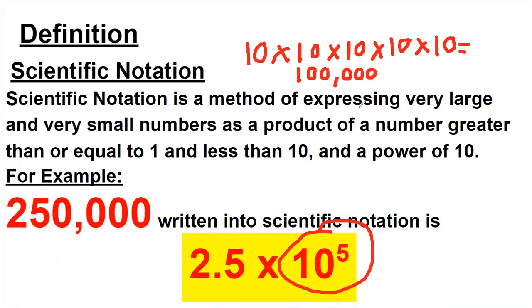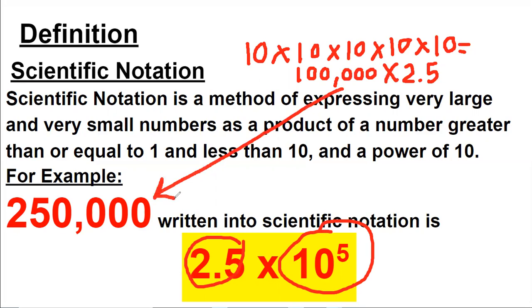Then you multiply it by 2.5. So 100,000 times 2.5 is equal to 250,000. So scientific notation is just another way of writing very large numbers.